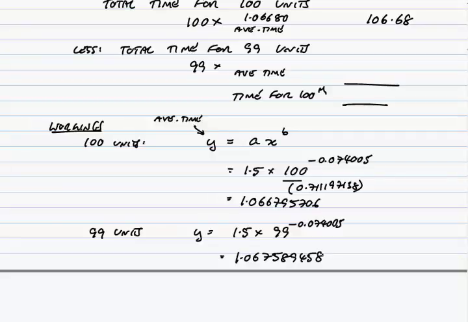Again, I wouldn't write it all down in the exam, but to get the total time, multiply by 99. To 2 decimal places, I get 105.69. So the time for number 100, subtract one from the other, and I get 0.99 hours.